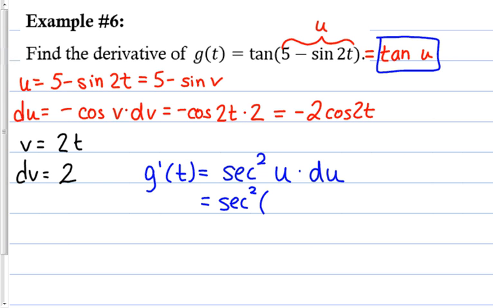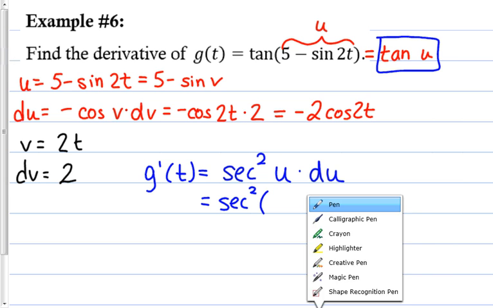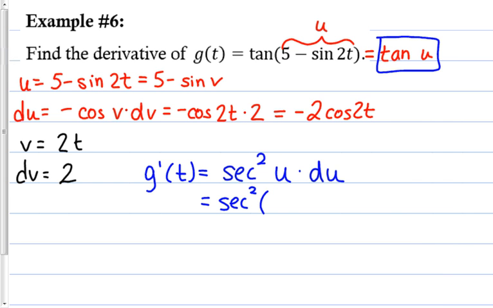Let's see, what was u? In case we can't see, here is du. And, well, I don't want to use that one. I want to use this one because this one actually has the 2t plugged into it. All right, so there's my u and my du.